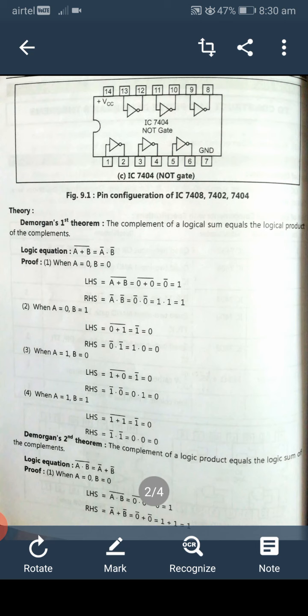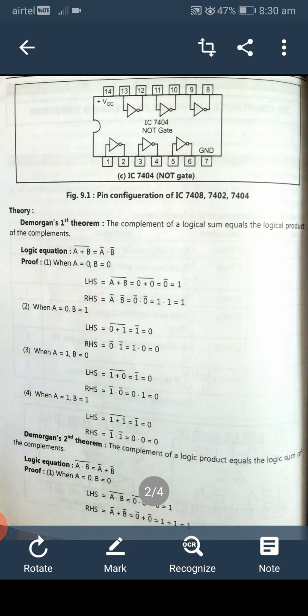Third condition, when A is equal to 1 and B is equal to 0, left hand side is equal to complement 1 into 0, and that is equal to complement 0 into 1. That is equal to 1.